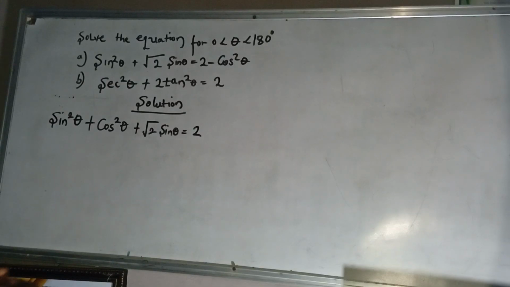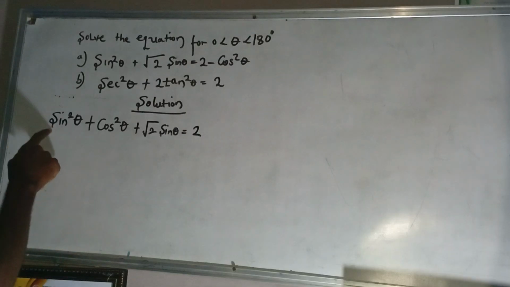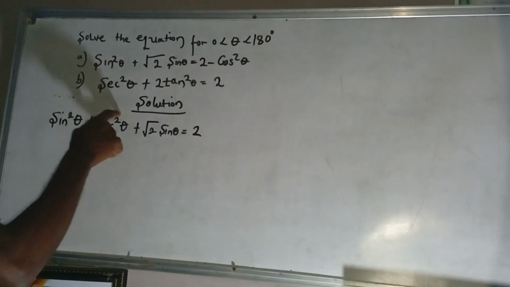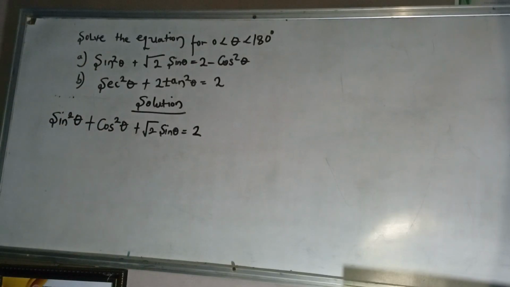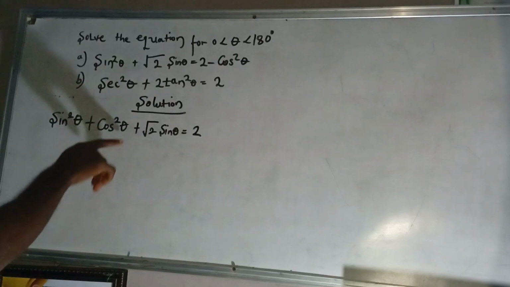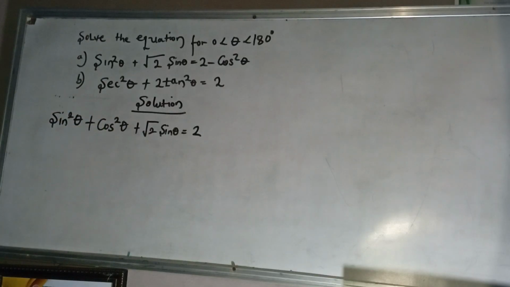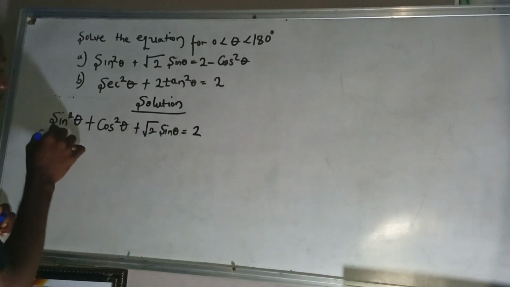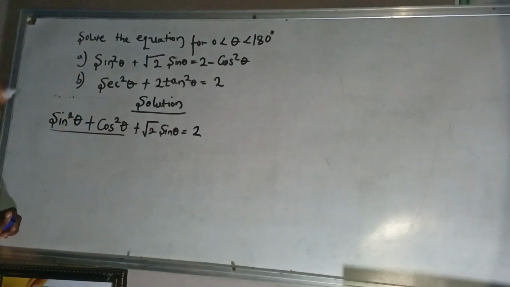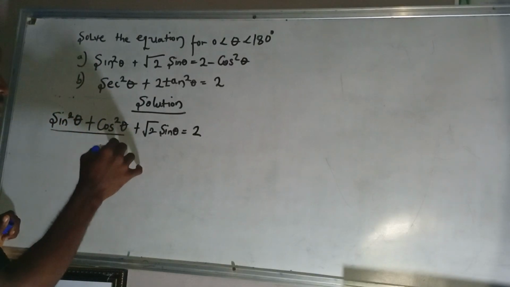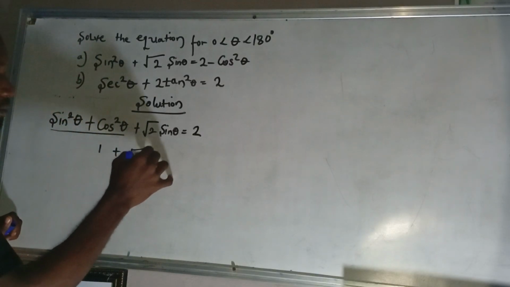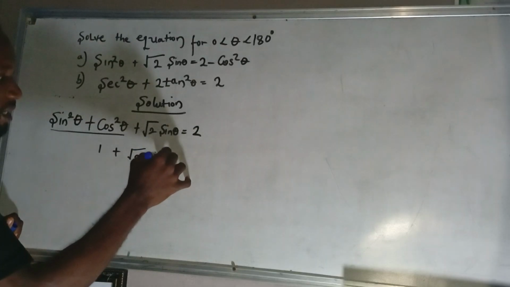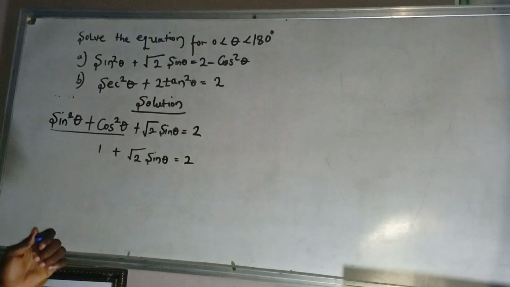So now if you can recall, or if you watched my last video, you understand that sine squared theta plus cos squared theta is always equal to 1. Check my last video. We proved this and it gives us 1. So everything from this to this is just 1. So this is 1 plus square root of 2 sine theta is equal to 2.